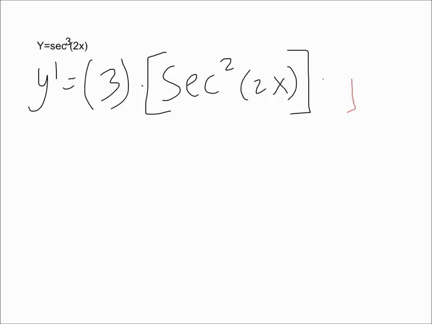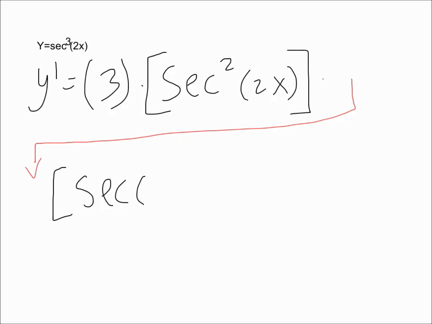And I'll write that down to have more space. So open brackets of secant of 2x times the tangent of 2x times, you derive what's inside and you'll get 2.